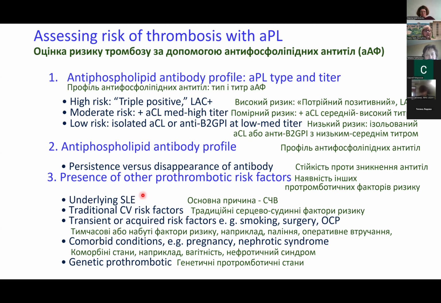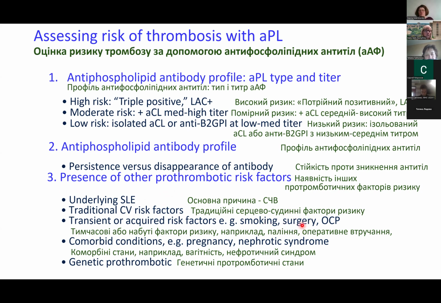So if they have underlying lupus, if they have traditional cardiovascular risk factors that would cause atherosclerotic disease, and heart attacks and stroke, that can increase the risk of thrombosis and arterial clotting for antiphospholipid. Patients that smoke have an increased risk of having clots.